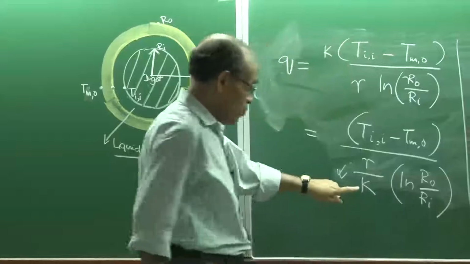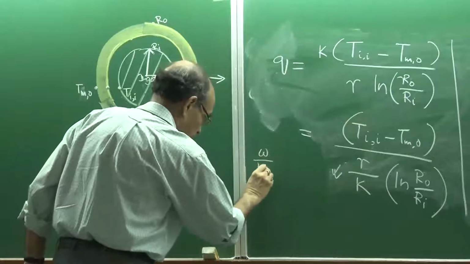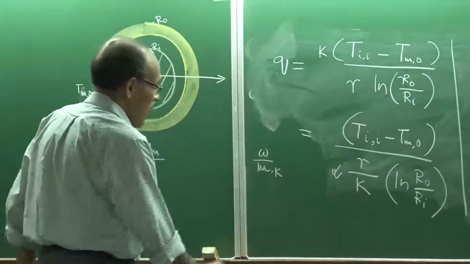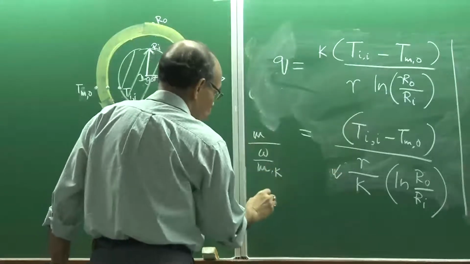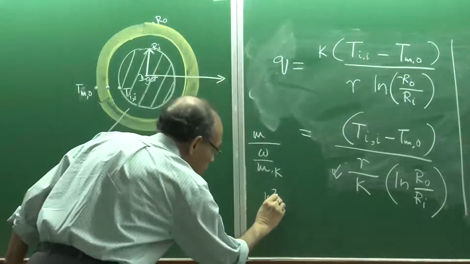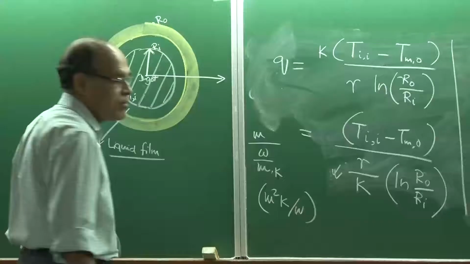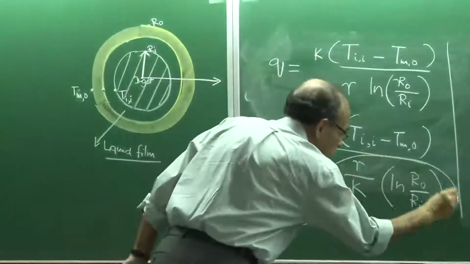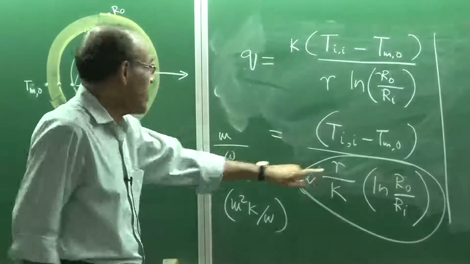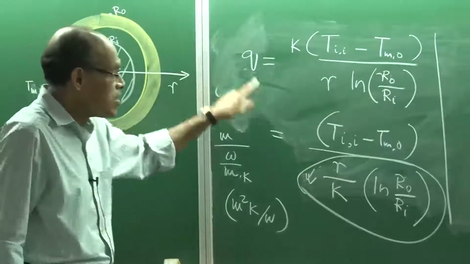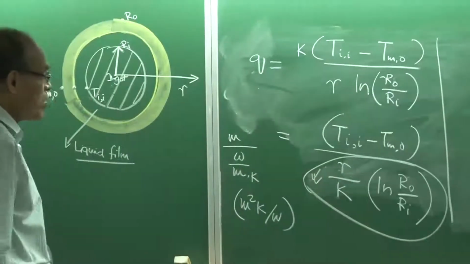Thermal conductivity is watt per meter Kelvin, and R is in meter. So you get thermal resistance equal to meter square Kelvin by watt. On the other hand, this R is the radial coordinate at any R, because flux is inversely proportional to R, that we all know from the governing equation.